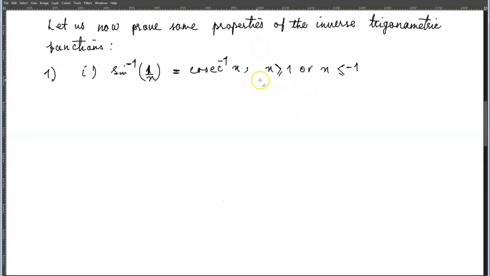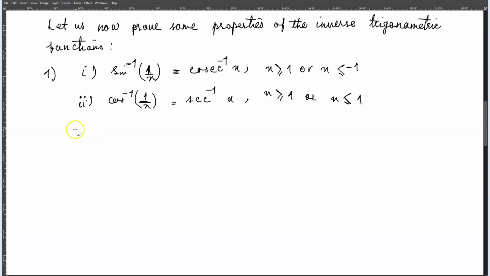Now, part 2 of this question is the cos inverse of 1 by x. The cos inverse of 1 by x is equal to the secant inverse of x for x greater than or equal to 1, or for x less than or equal to -1.